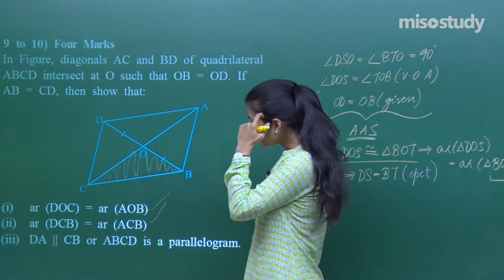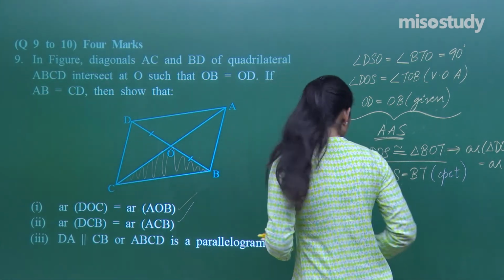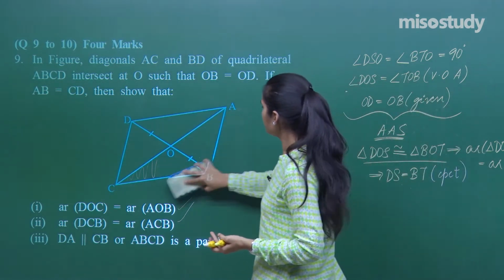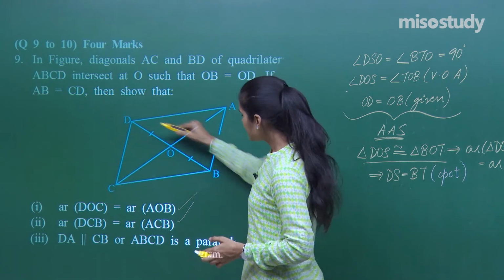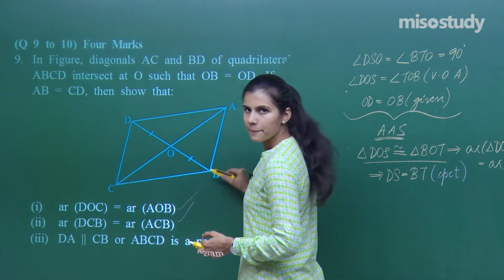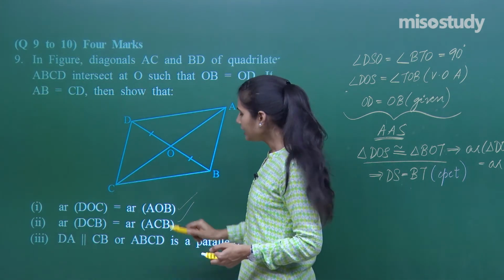Then I want to show that DA is parallel to CB. If you can recall the very important result, you have triangle CDB and triangle CAB, both lying on the same base BC and having equal areas.